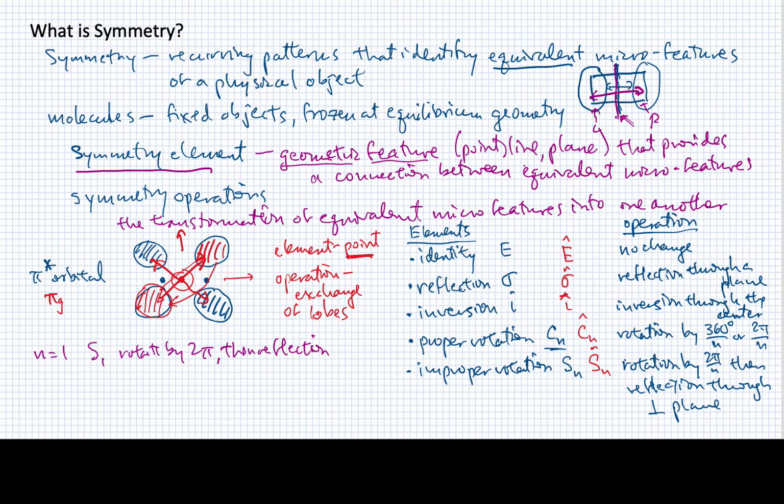If the rotation hasn't changed the molecule at all, then this just becomes a reflection. So S1 is equivalent to a reflection. Well, what about n equals 2? S2 would now be a rotation by 180 degrees, or by pi, and then reflection. And it turns out that this is exactly the same as an inversion. So S2 is equal to i.